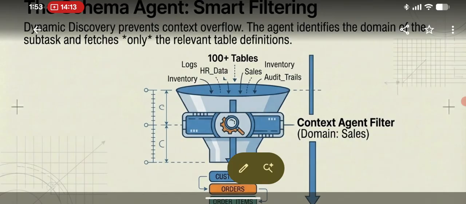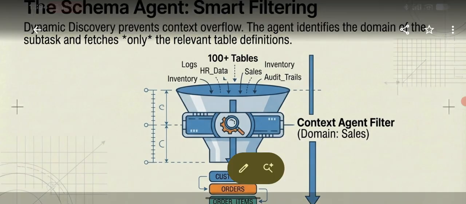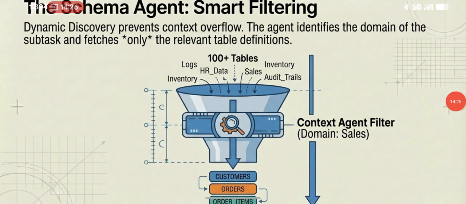Once the queries are broken down, the next is the schema agent. What is the role of the schema agent? It will identify the domain of the subtask and fetch only the relevant table definitions.